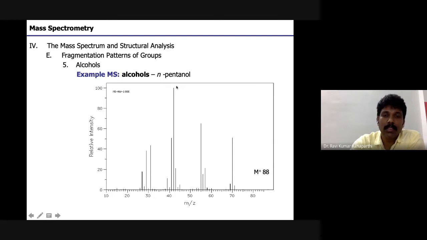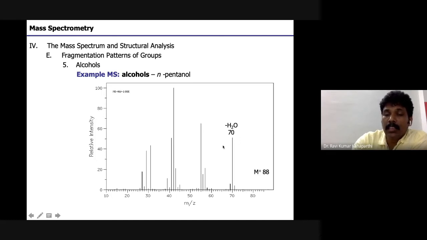You can see that this 42 most likely is going to be a McLafferty rearranged product. And then this 55 is the radical cleavage, right? The alkyl chain can cleave. Another thing I forgot to mention: the molecular ion peak is at 88, but there is a peak at 70, so the difference is 18.